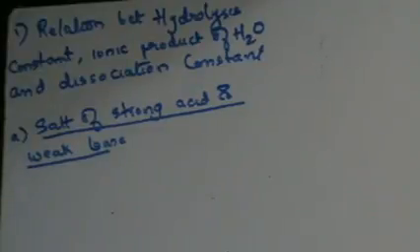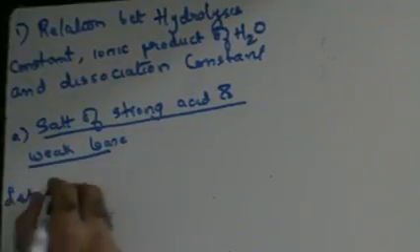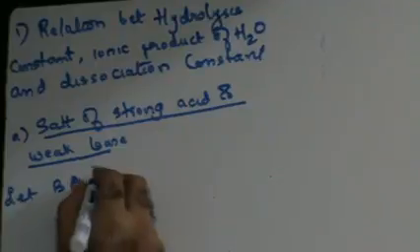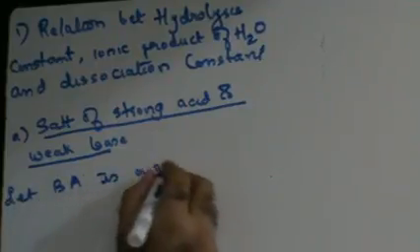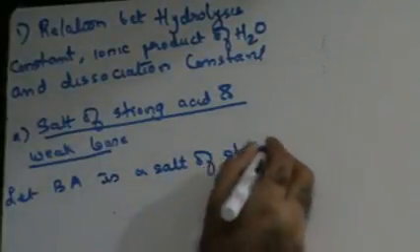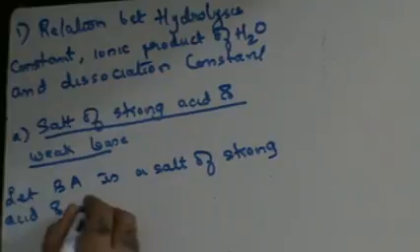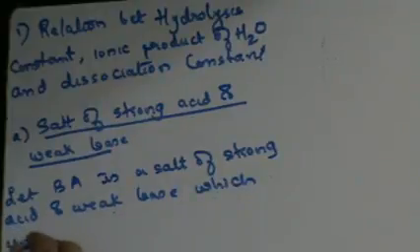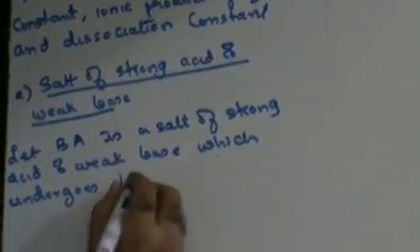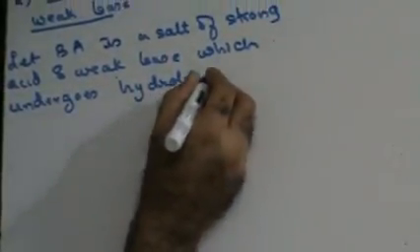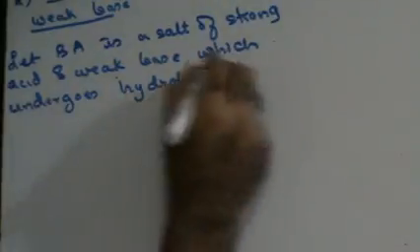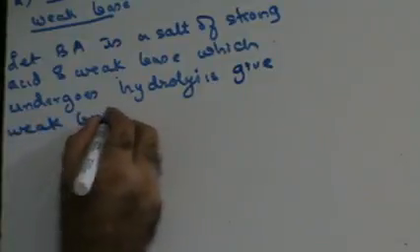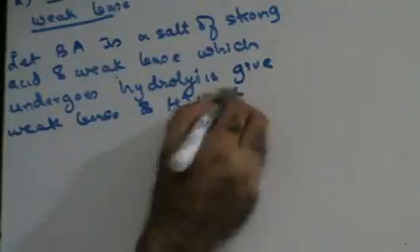Let us assume that BA is a salt of strong acid and weak base which undergoes hydrolysis to give weak base and hydrogen ion. Weak base and H plus ions. Right?